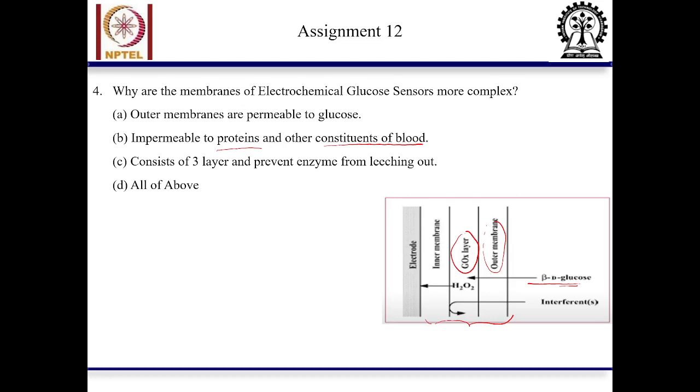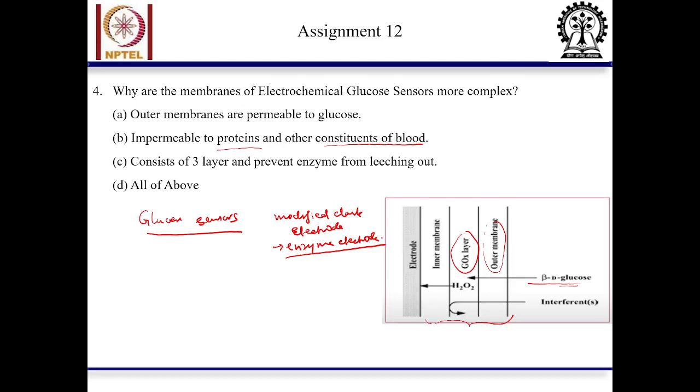So first thing is that your glucose sensor is basically a modified Clark electrode, right? And this is also called an enzyme electrode. In the previous problem solving session, one question was also there, like what is the enzyme electrode.